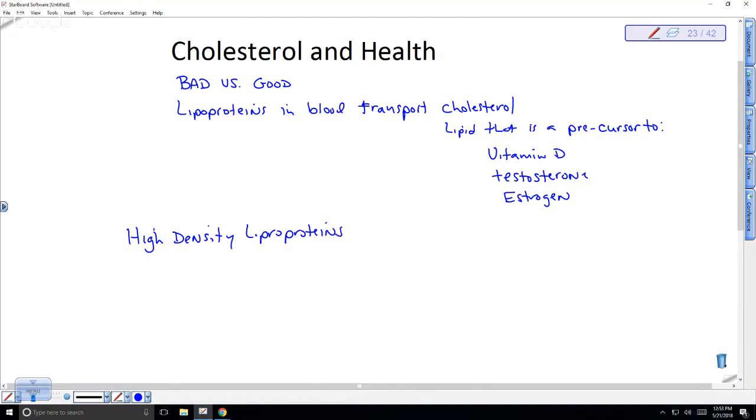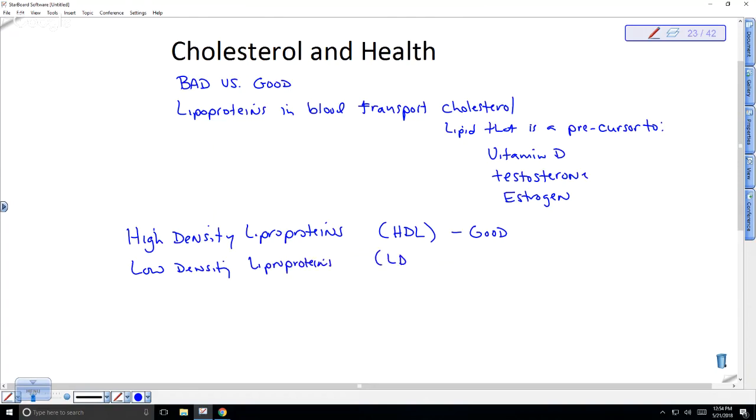This is HDL. And I always think that this should be the opposite, but HDL is good. I'm thinking high density, that should be bad, right? It's dense, but that is actually the good molecule. And then we have the low density lipoproteins.